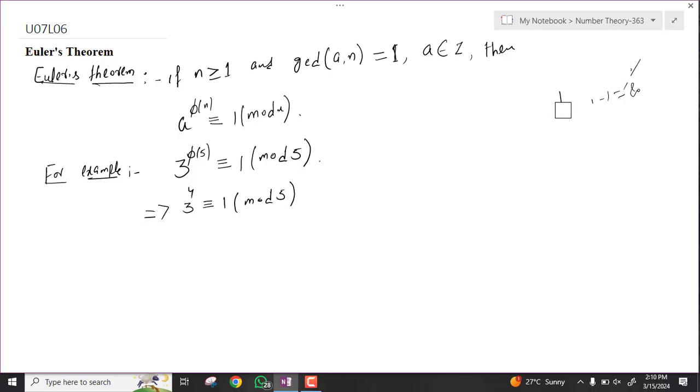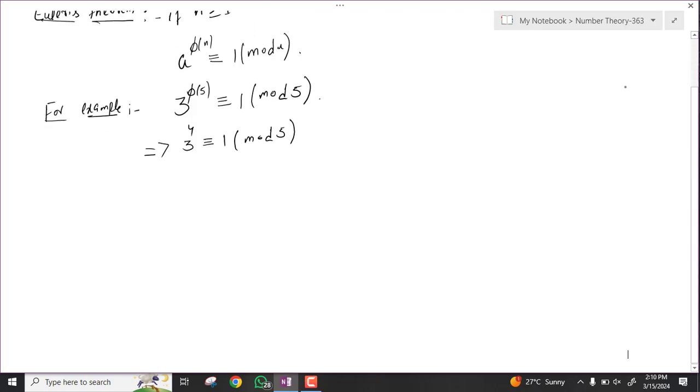Now we will see the proof of Euler's theorem. Before writing the proof of Euler's theorem, we will state one lemma which will be useful in proving Euler's theorem.